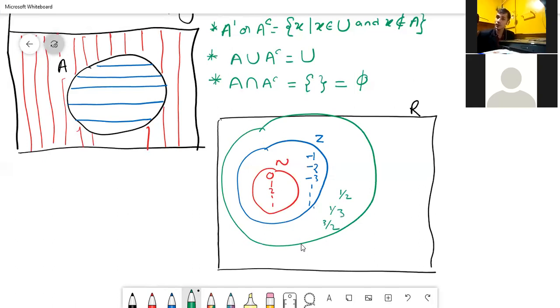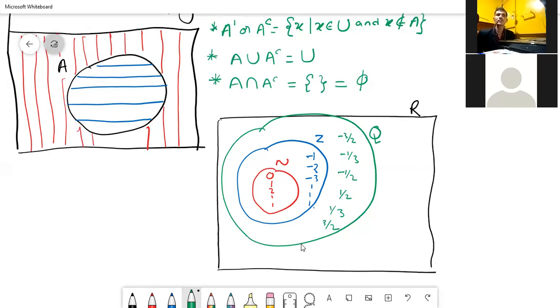Not only positive rational numbers, they contain negative rational numbers also. All positive fractions and negative fractions together form rational numbers, denoted with the letter Q.